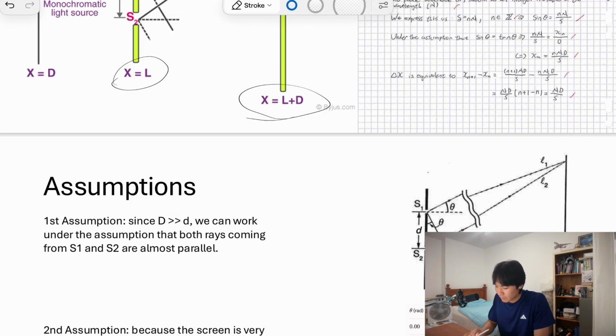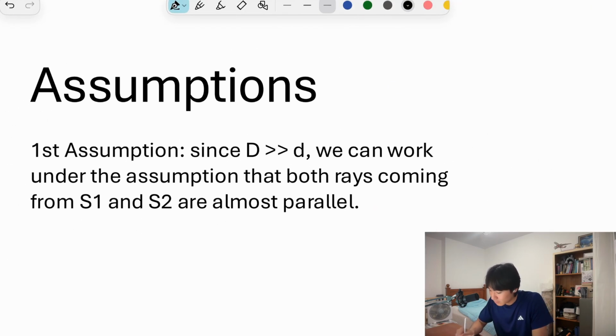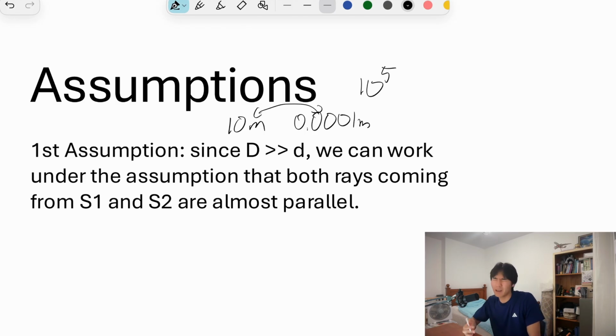For example, the distance between the screen and the slit is, let's say, 10 meters, and this distance here is maybe 0.0001 meter. So they are orders of magnitude different, maybe 10 to the power 5 times different.